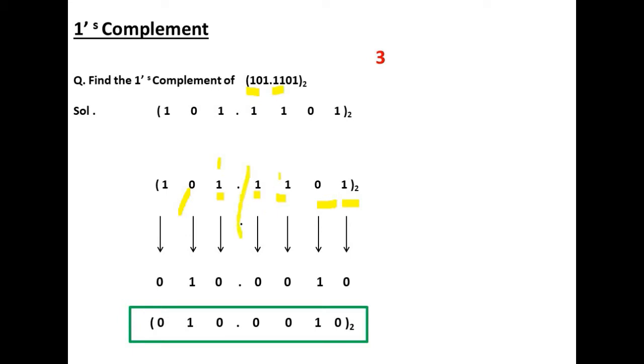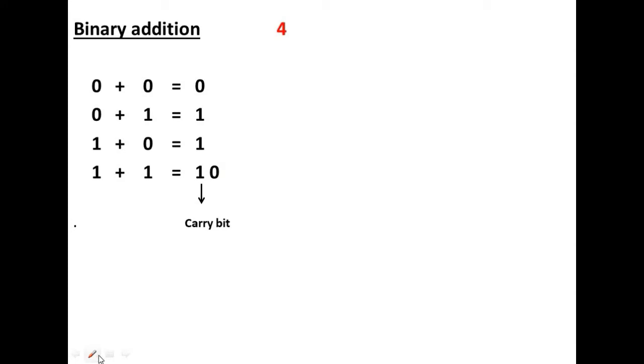This 1 again to 0. This 1 is 0, this 0 is to 1 and 1 is converted into 0. So we have got the ones complement of this binary number as 010.0010.